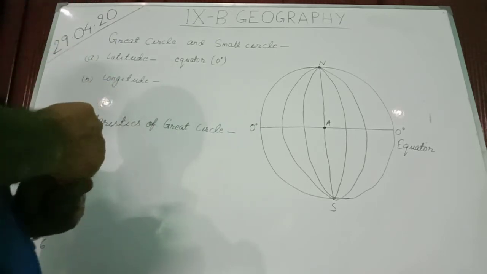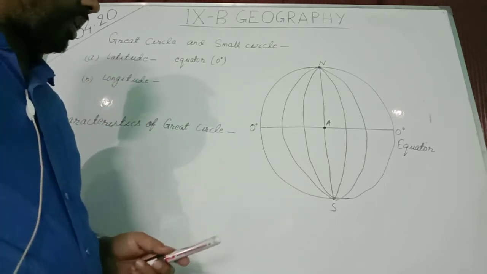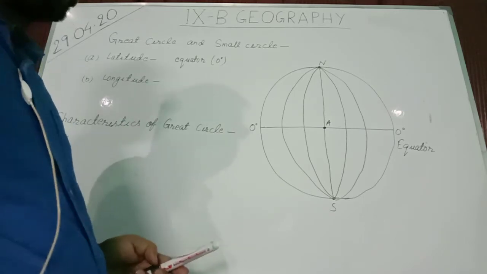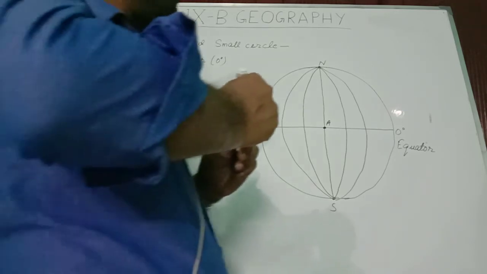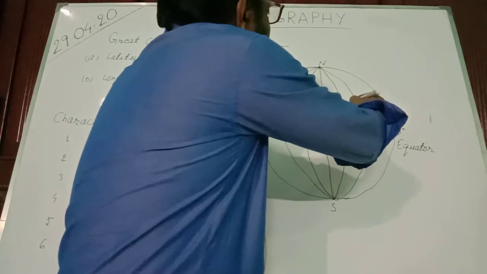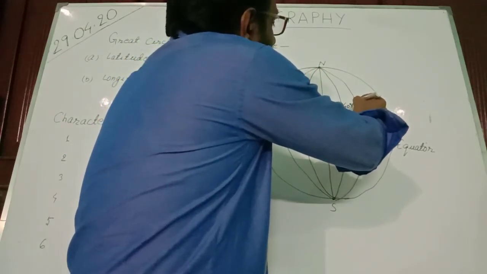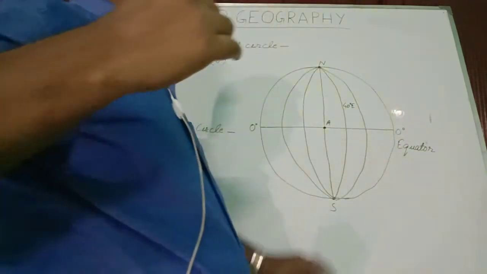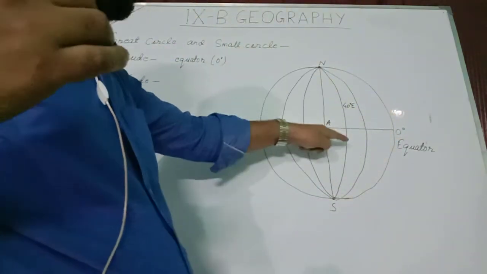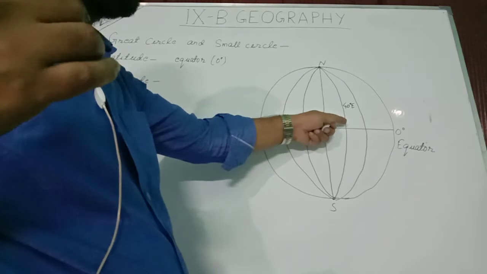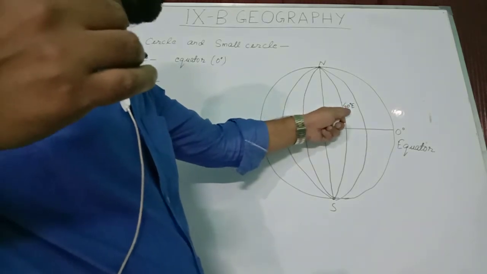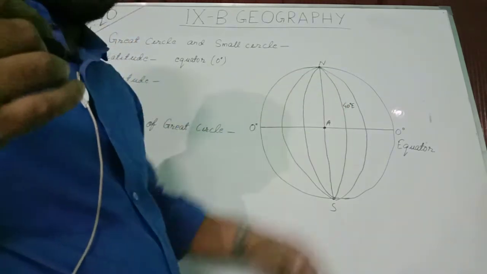In longitudes, we have some more longitudes. Suppose this is the measurement of 40 degree east. Then the opposite longitude of 40 degree east, combined with 40 degree east, will make the great circle.